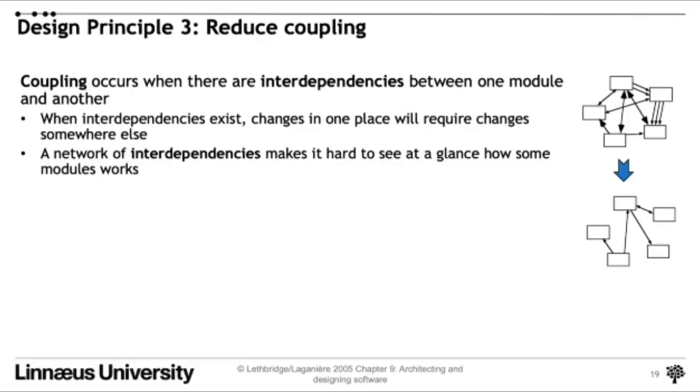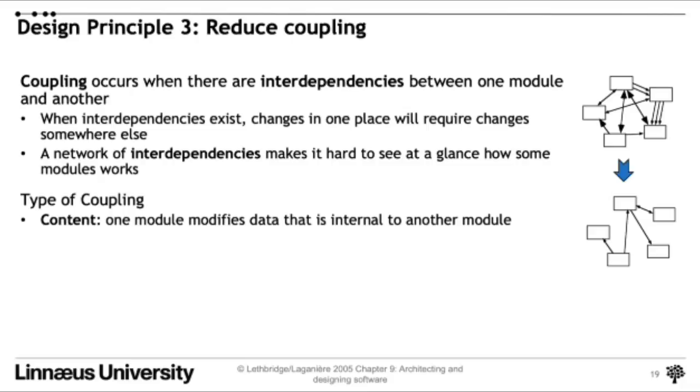There might also be many different types of coupling here, and we should try to reduce all of them. It can be coupling in terms of content, when you have one module that modifies data that is internal to another module. This can be when you just change the internal variable of another class.